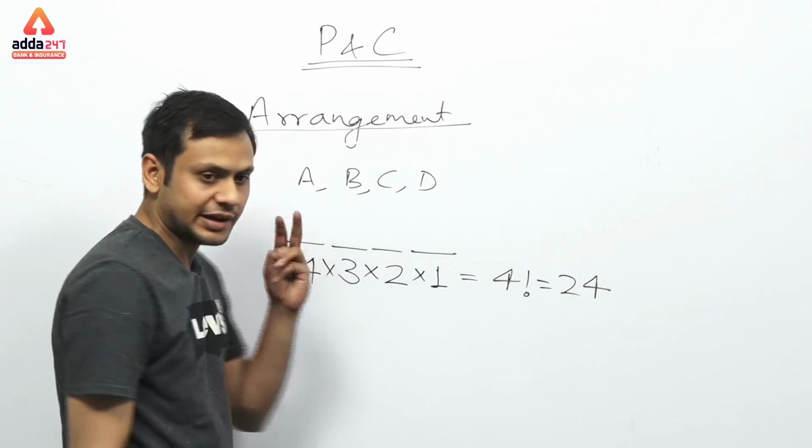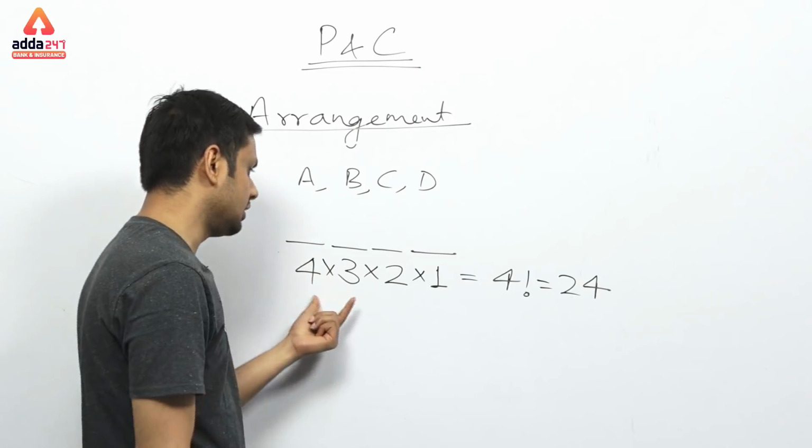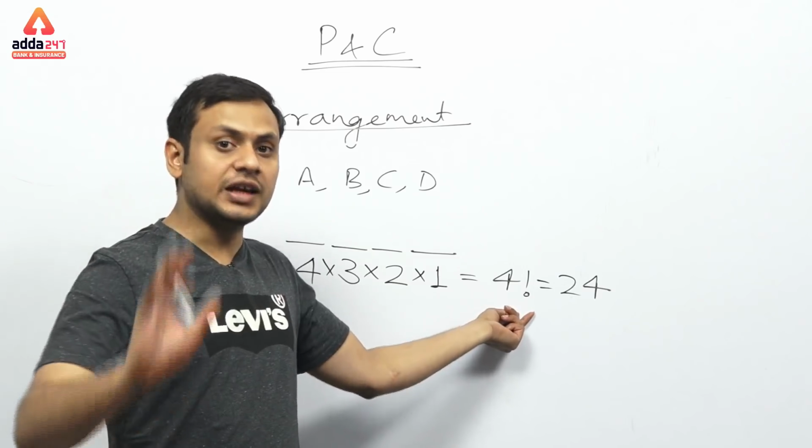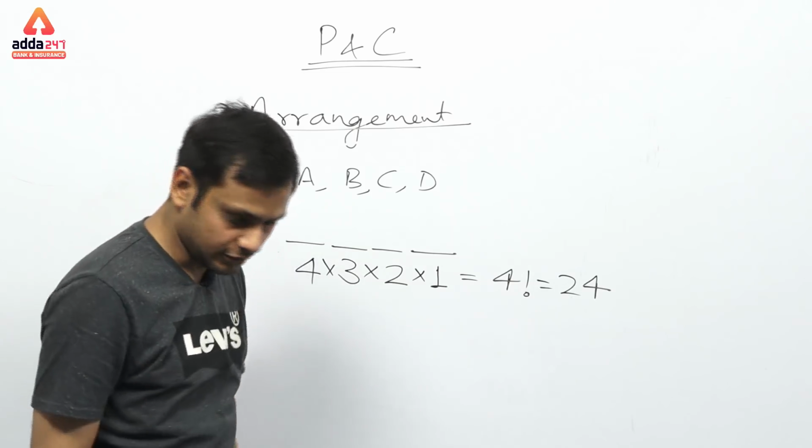So can I say if there were 4 persons, then the number of ways of arrangement was 4 factorial. So we can generalize this.